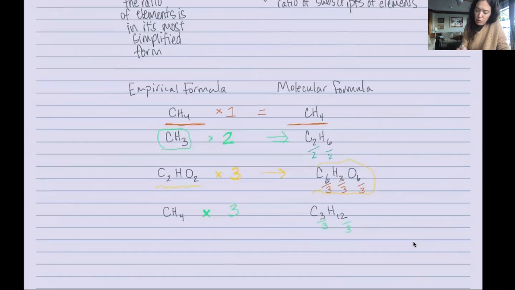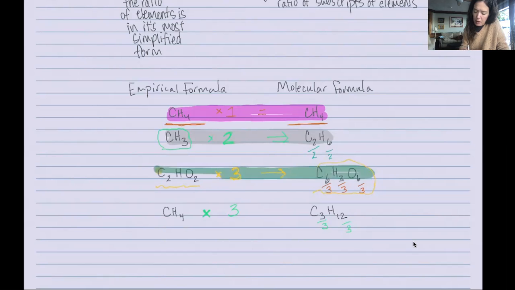Okay, so what I want you to see is that if we take an empirical formula and multiply it by a number, we get the molecular formula, right? And that continues, right? We also did the same thing right here.